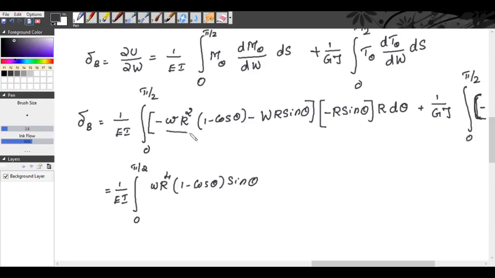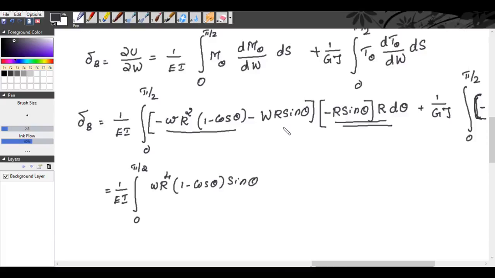See, we have multiplied this with this. Minus into minus plus W R raised to 4 into 1 minus cos theta.